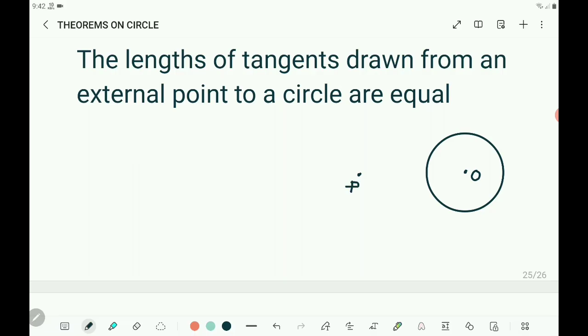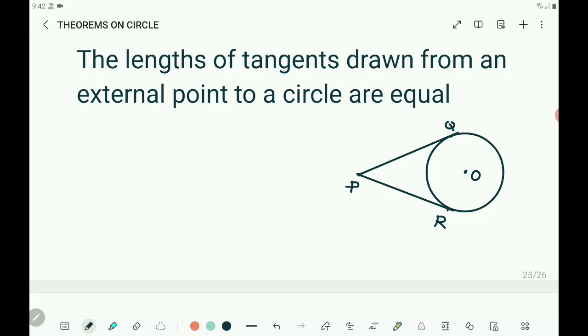Let us take P as the external point, and you can draw two tangents from the external point P to the circle. One is here and the other one is here. These two are the tangents, and the points of contact are Q and R.